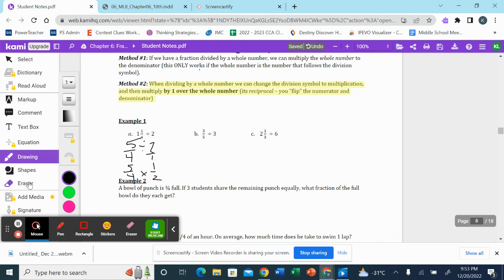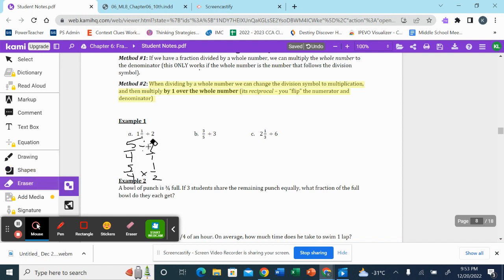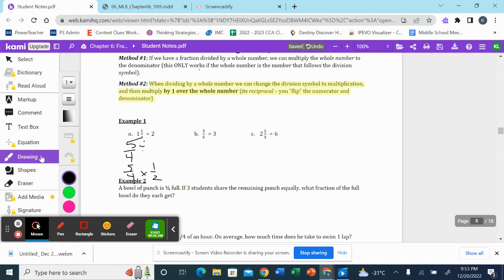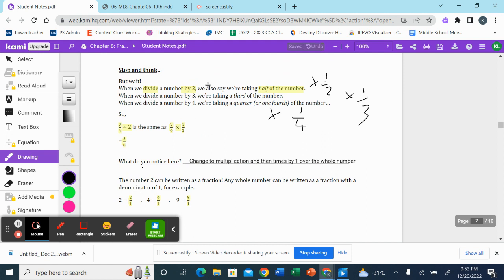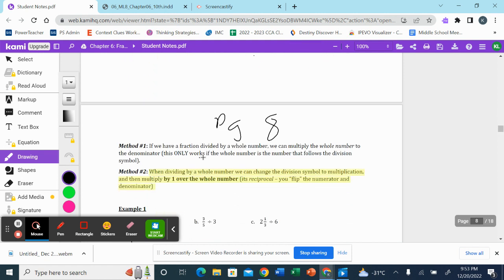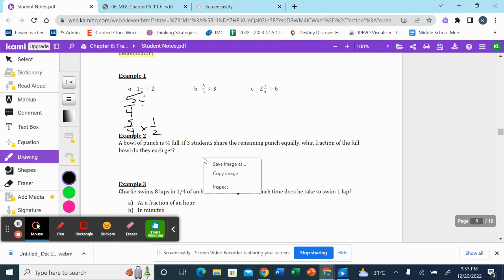So 5/4 divided by 2 is the same, let's make this a little neater, as timesing it by 1/2. Remember we have up here, dividing by 2 is the same as taking half the number. So 5/4 divided by 2 over 1 is the same as 5/4 times 1/2.